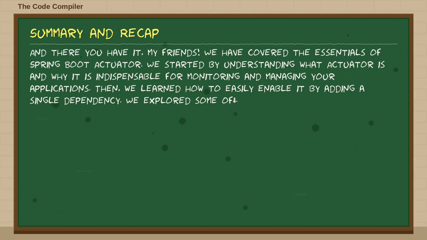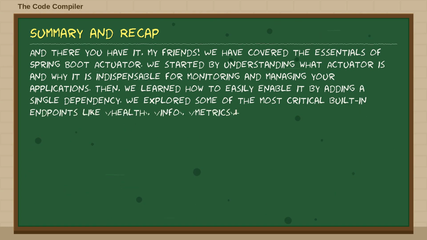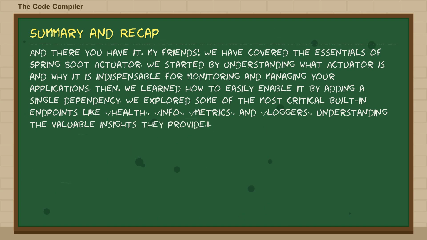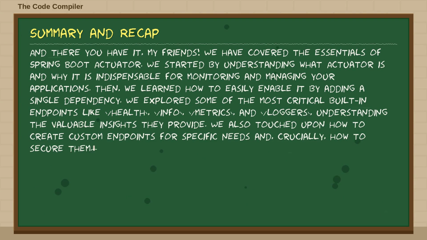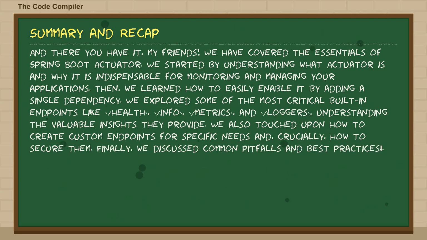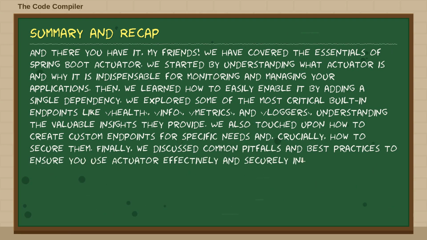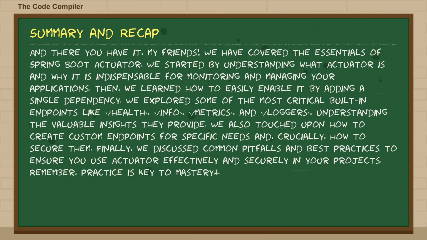We explored some of the most critical built-in endpoints like health, info, metrics, and loggers, understanding the valuable insights they provide. We also touched upon how to create custom endpoints for specific needs and, crucially, how to secure them. Finally, we discussed common pitfalls and best practices to ensure you use actuator effectively and securely in your projects.